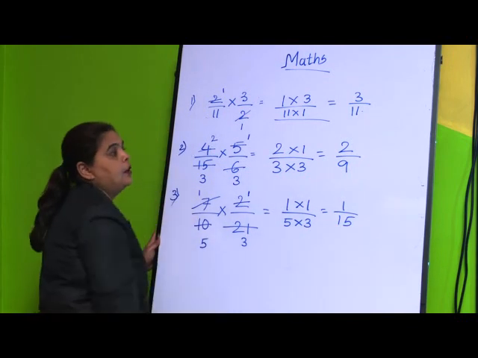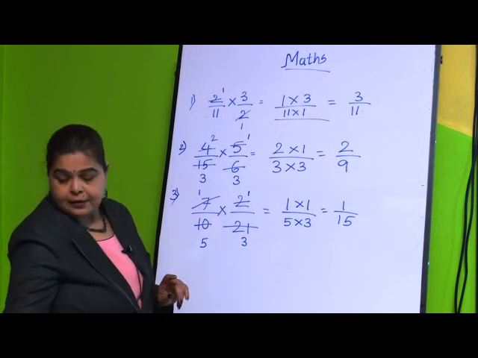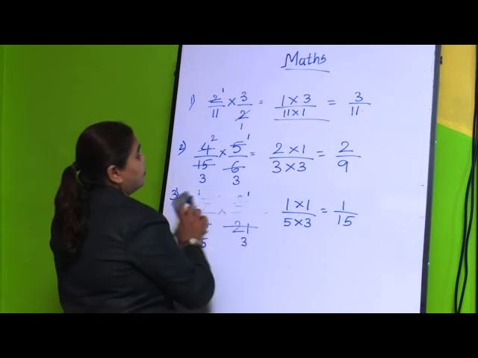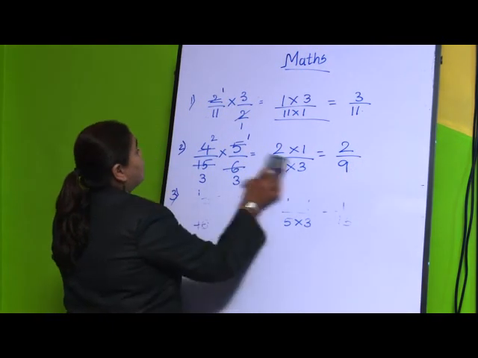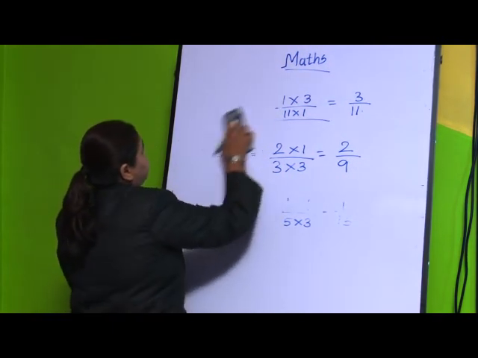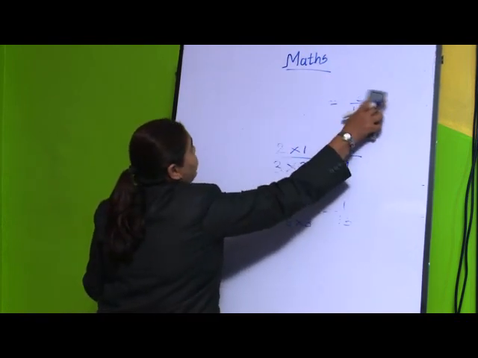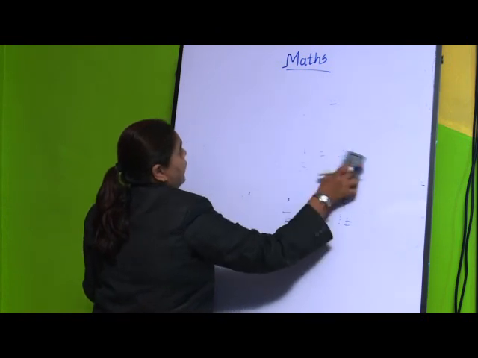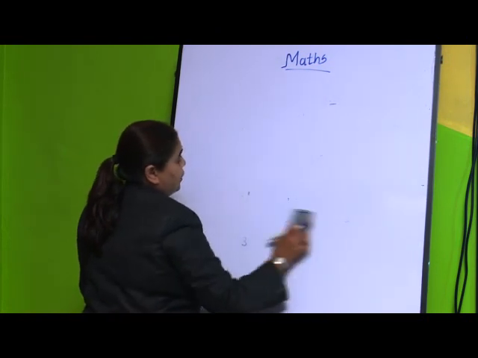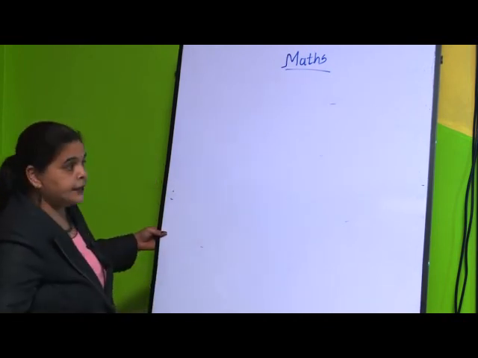You know the table, you just have to write it. One more example we will see, then we will go ahead: 22 upon 25 multiplied by 10 upon 11. When you get large numbers, how can you reduce to the lowest form and find the answer? We will solve this one, then we will switch to other examples.